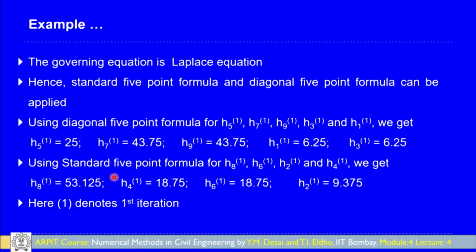Now, using the standard 5-point formula, we can get h8, h6, h2 and h4. Here h8 we get as 53.125, h4 as 18.75, h6 as 18.75 and h2 as 9.375. Here the superscript indicates the first iteration.